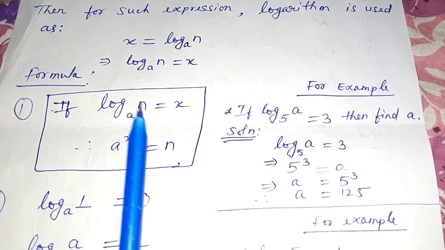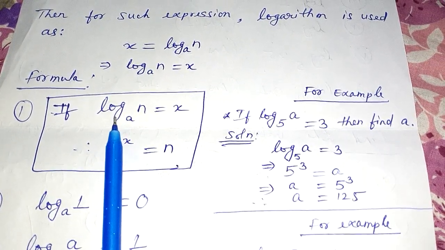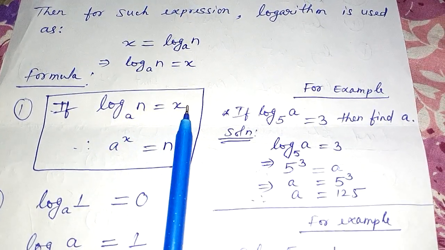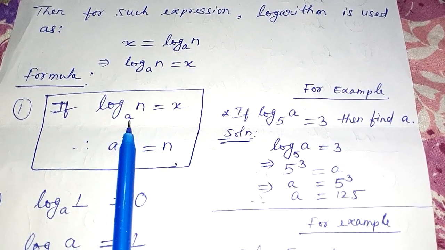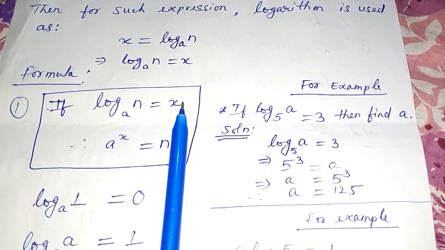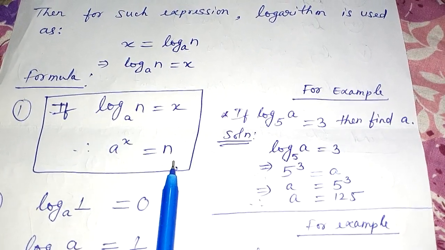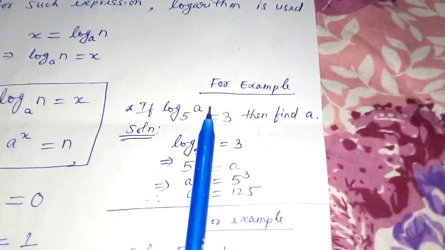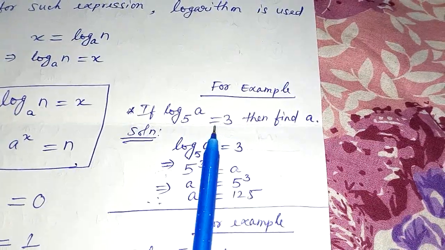Once again, if the formula is log n base a equal to x, then we can say base a to the power x equal to n, and the log vanishes.